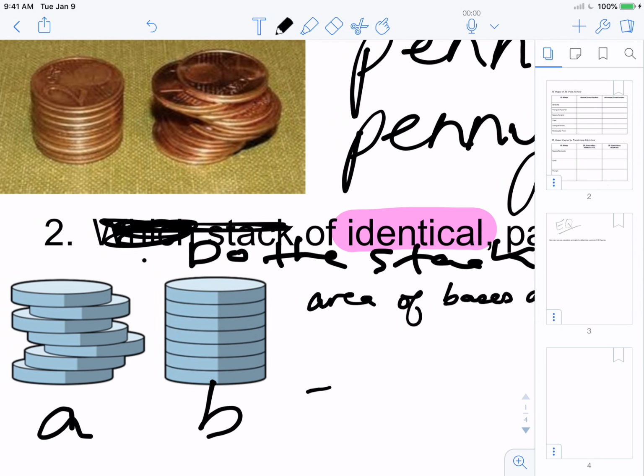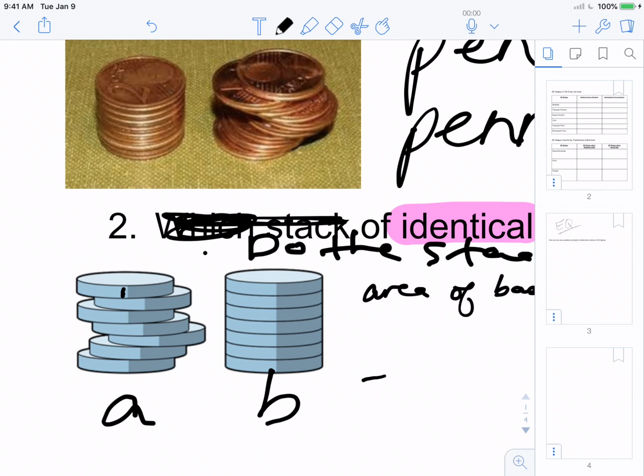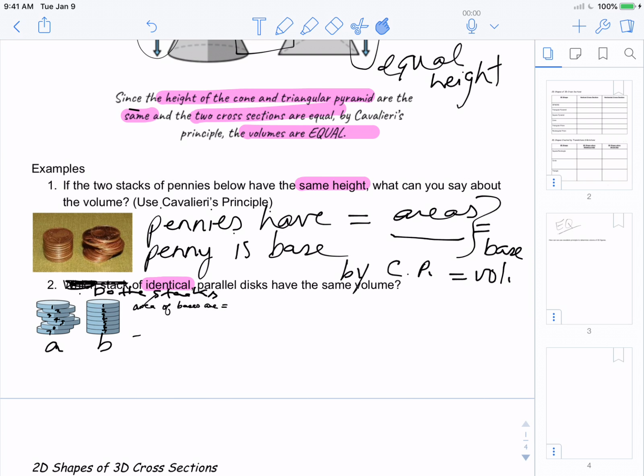Then, if I go back over here, this is 1, 2, 3, 4, 5, 6, 7. And this is 1, 2, 3, 4, 5, 6, 7. Okay. So the area of bases are equal. Height is equal.